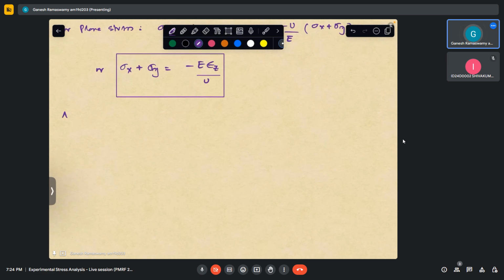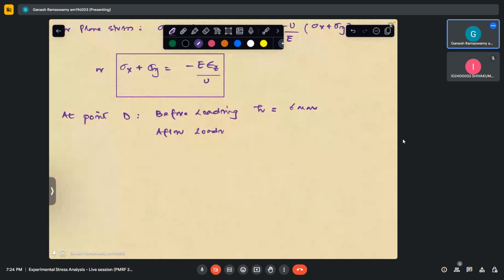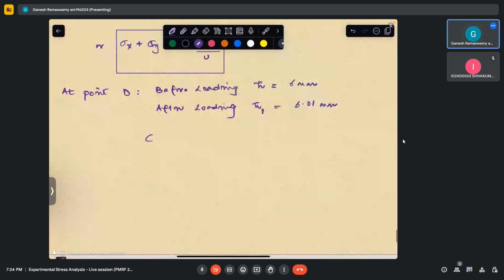Now at point D, it is given that before loading thickness is 6 mm. After loading, the thickness is given to be 6.01 mm. So what is the out of plane strain?